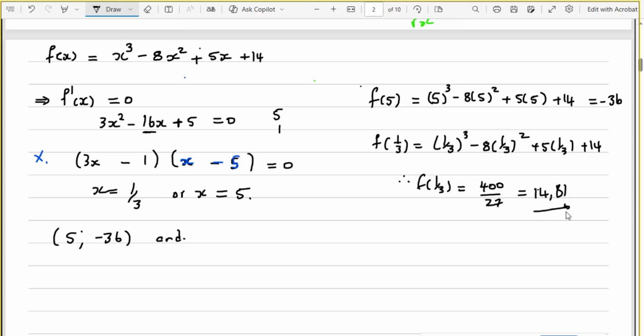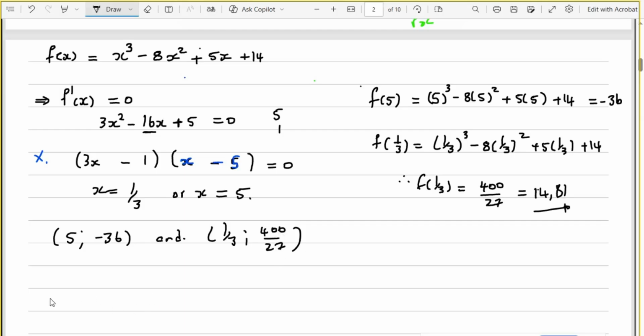Okay, so that's how you find the turning point. So now when I look at this question, the answer this side will be 1 over 3 and 400 over 27.